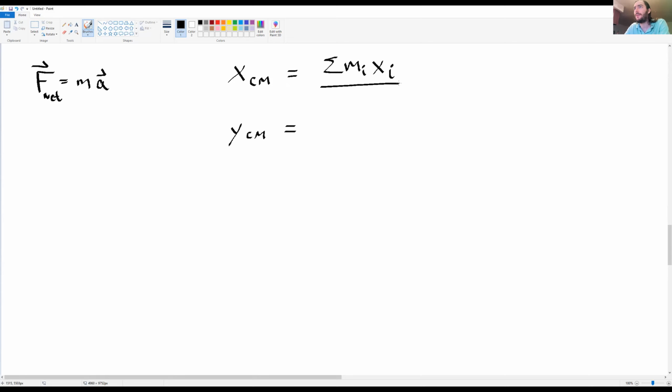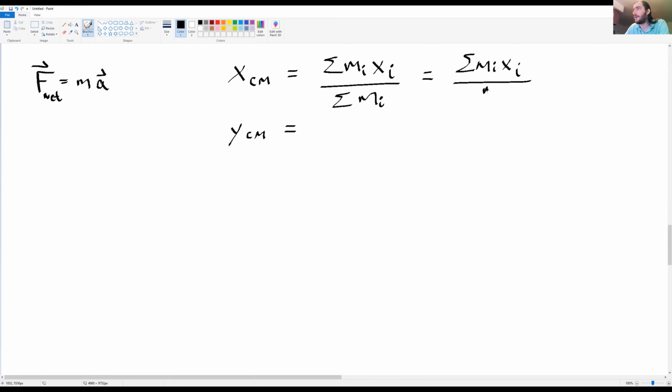So that's the whole point behind the center of mass, is that you're calculating this weighted average of where all of the different masses are in this large body. And you're figuring out where is the point in this object where I can treat this very large and complicated object as if it were just a point with all of the mass concentrated at that point. So that's the idea behind the center of mass.